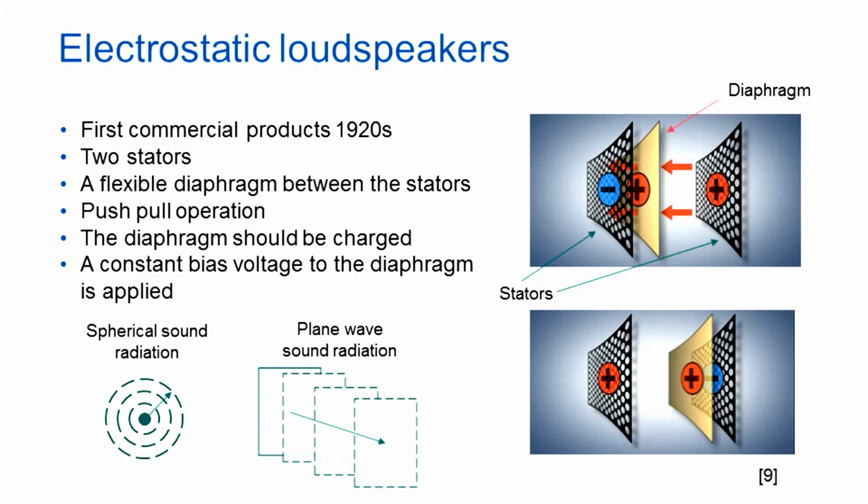And as I already showed, in electrodynamic loudspeakers our aim is, in most cases, spherical sound radiation. But in electrostatic loudspeakers, as you can see from the functional principles, in most cases we have plane wave type sound radiation, therefore also good focusing.